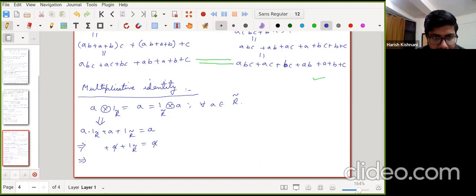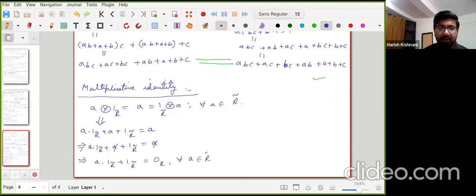We cannot write A dot 1 of R tilde to be A again because it's not a multiplicative identity in R. So this is A dot 1 of R tilde plus 1 of R tilde. That should be 0 in R, right? For all A in R tilde. So beware of the notations here.